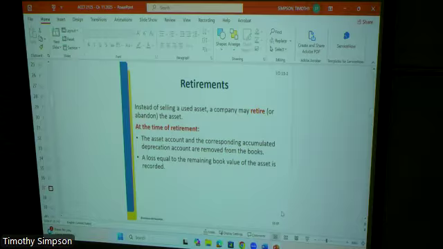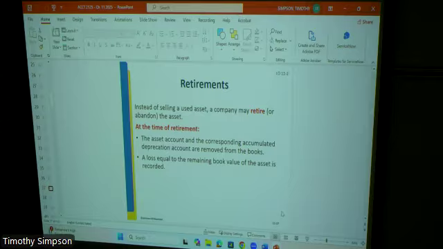All you're doing is taking the asset down, which is a debit balance, which you remove by a credit, and the accumulated depreciation, which is a credit balance, you remove with a debit, and boom, the thing goes away. And whatever the loss is, whatever the book value is, would probably be the residual value, if you established a residual value at the original time of booking, and if you had not changed that.